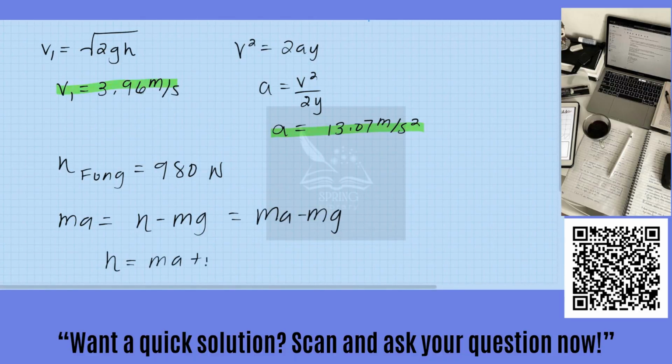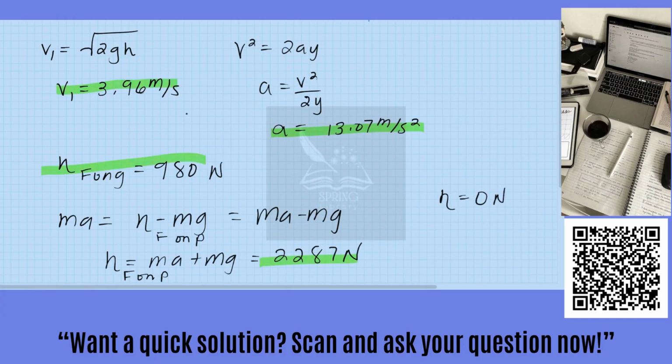So it's ma plus mg, which is 2287 newtons. So that's the force on the player. And then after leaving the scale, he's not touching it. So his normal force is equal to 0.